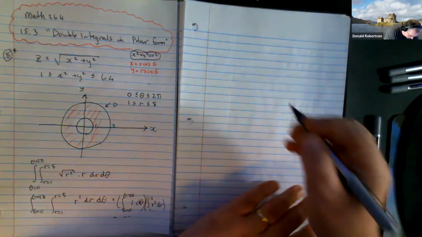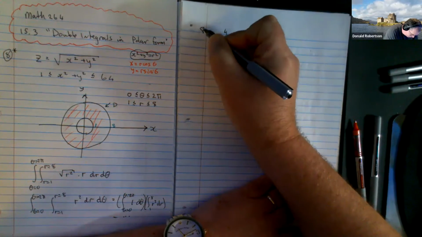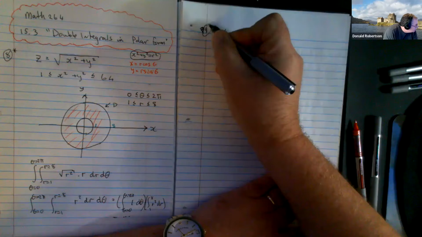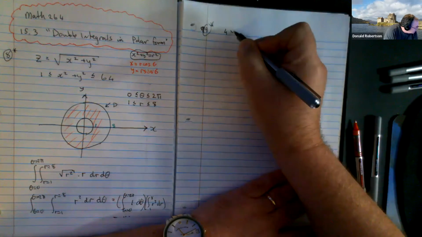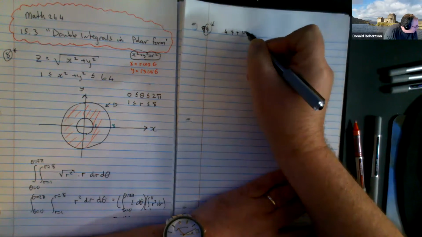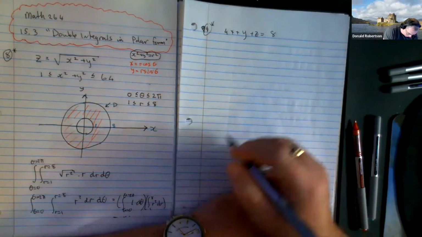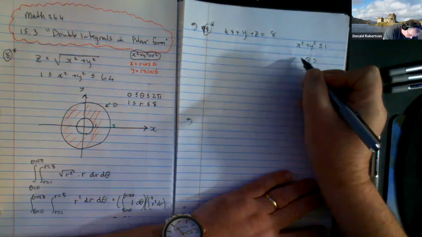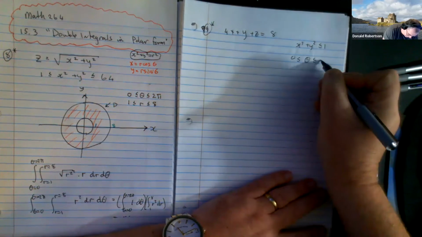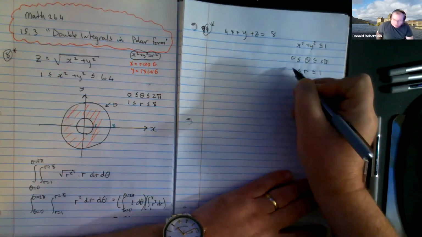I'm not going to do all of this one, but I'll just set it up. It's a version of question 9. What we have here is a plane, 4x plus y plus z. It's basically a flat piece of paper. And the region that we've got is a complete circle. So I have no problems, and hopefully you won't have either, that when it's a complete circle, in this case with radius 1, that's the D, right?